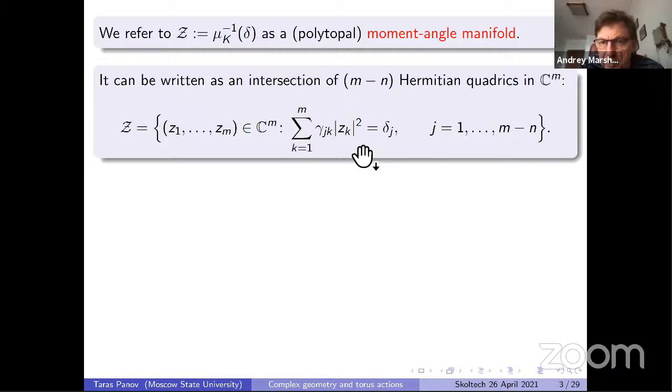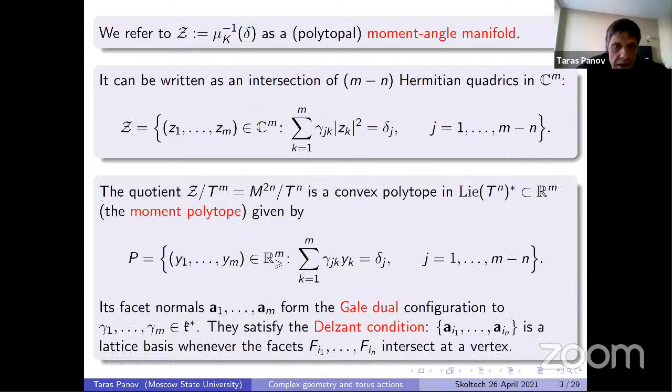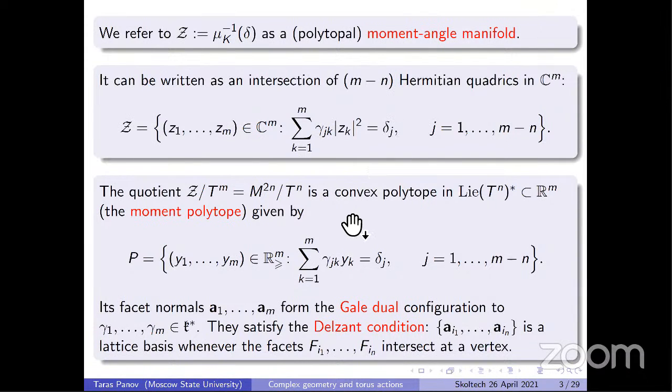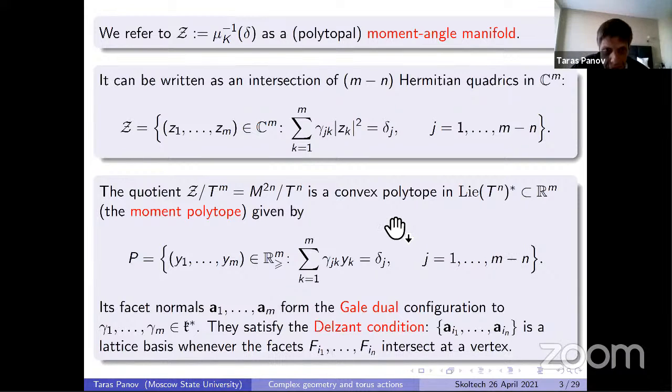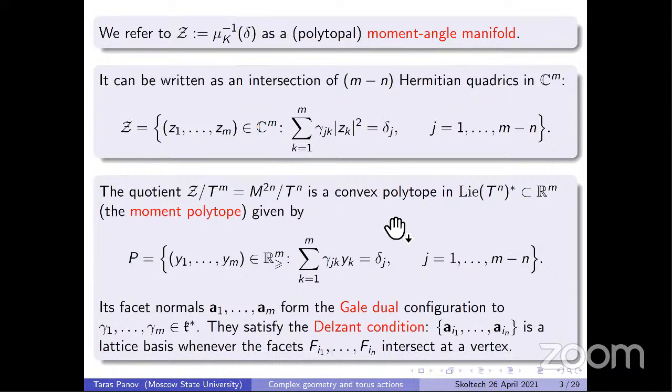Sorry, Taras, so these gammas are just from the definition of the moment map, yeah? Yes, precisely. They are those gammas which define the subtorus in the m-dimensional torus. In order for this subtorus, if you take directions, it has to be with rational coordinates, otherwise. Precisely, yeah. Is there any restriction on gammas?